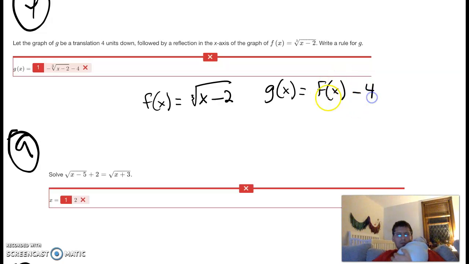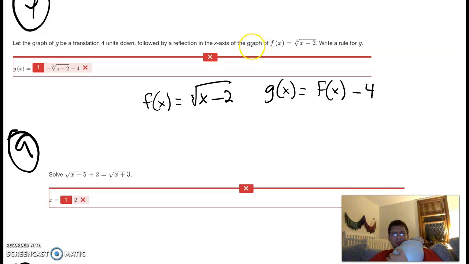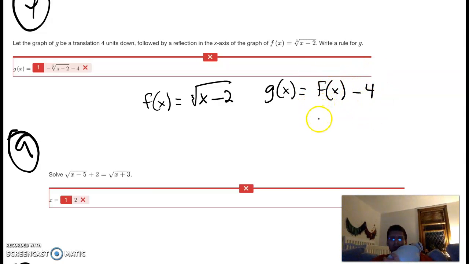So I subtract 4 from the whole function, and then a reflection in the x-axis, so that's a vertical reflection. So then I'll multiply everything by a negative, so it'll be negative f of x, and then this switches signs to plus 4. So let's do that.